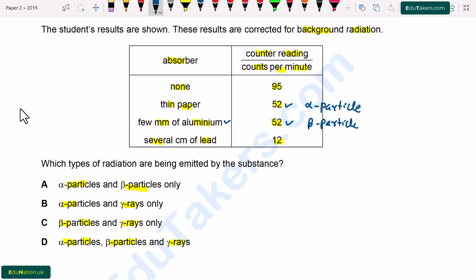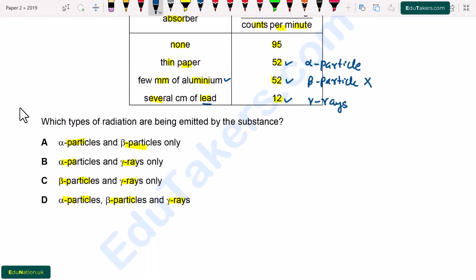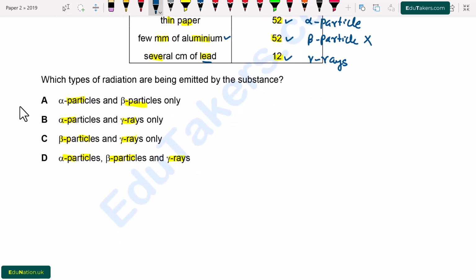Because when there are beta particles, the count rate is reduced, but in this case the count rate remains the same, so there is no beta particle. With several centimeters of lead, again the count rate decreased and it becomes 12. Here the gamma rays are also present, due to which the count rate decreases. It means that alpha particles and gamma rays are present. So option B is correct, which shows alpha particles and gamma rays only.